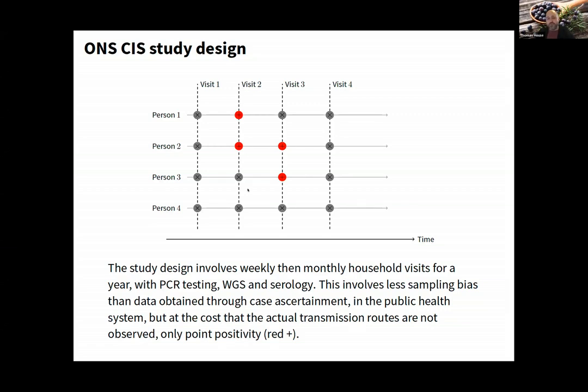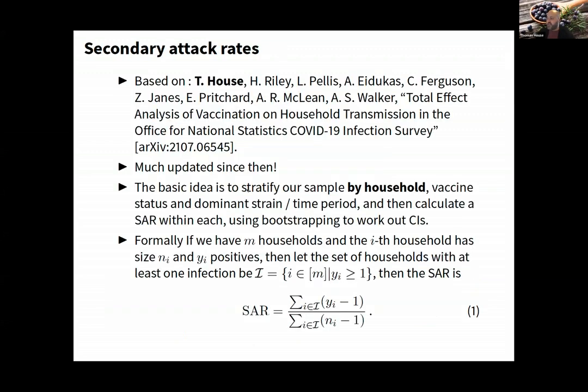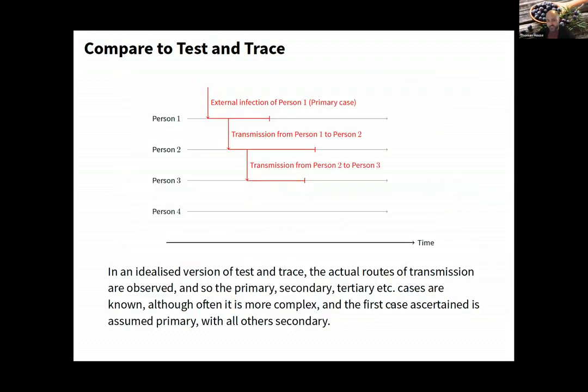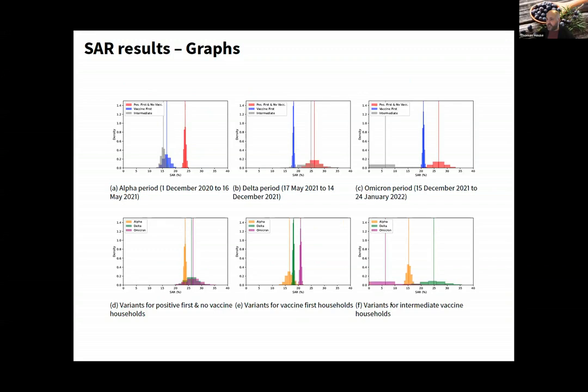Then there are 3 people who could have been secondary cases, and of those 3, 2 are secondary cases, right? We don't need to identify them as individual primary and secondary cases to say here, the secondary attack rate is 2/3, right? And that's what equation 1 here says, that you can just take out one person in the household and work out a crude secondary attack rate, and then compare that to studies with the tracing design. Okay, so that's what we did here.